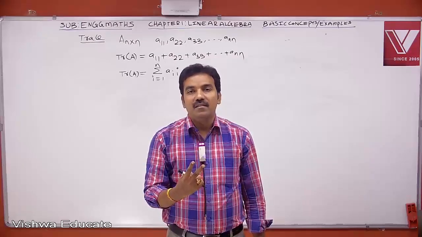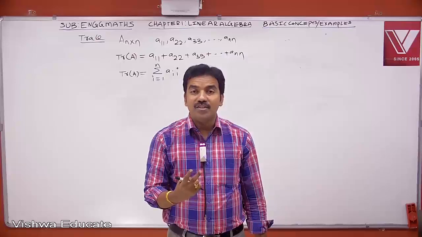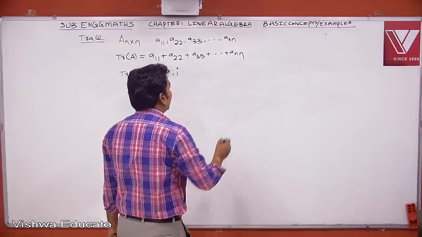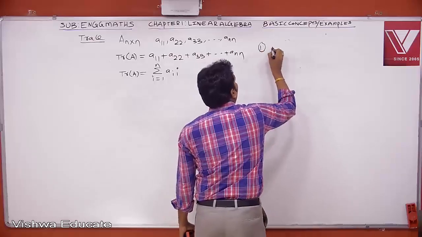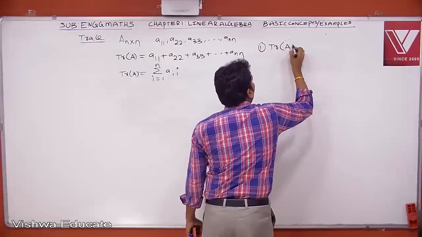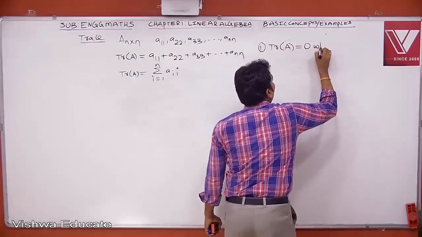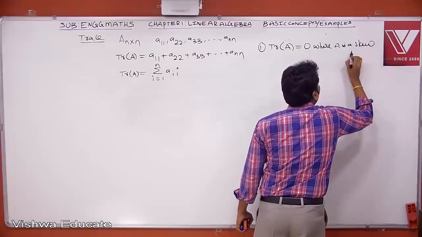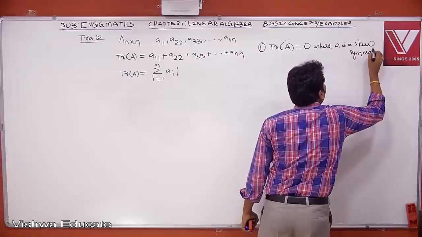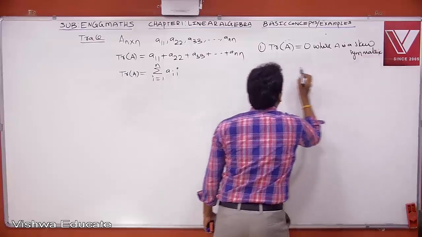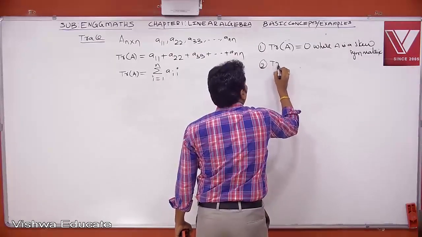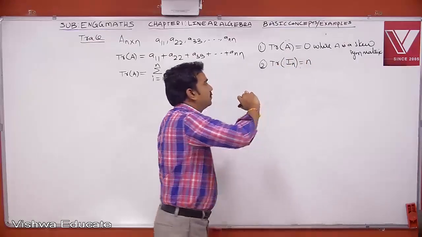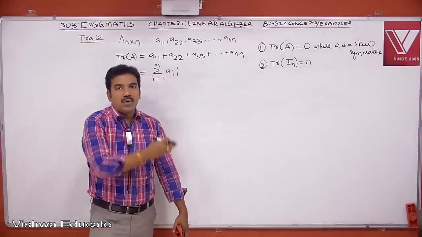Trace of I3, 1 plus 1 plus 1, 3. So in general, trace of I_n is n. So two important points are trace of A equal to 0, where A is a skew symmetric matrix, and trace of I_n equal to n. Note these 2 points.